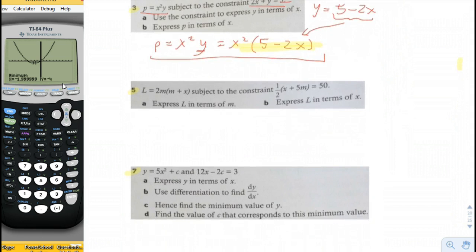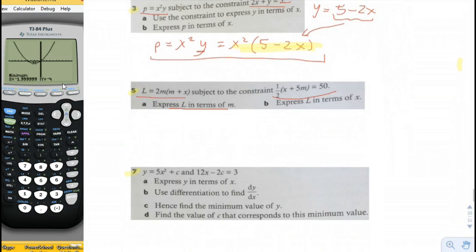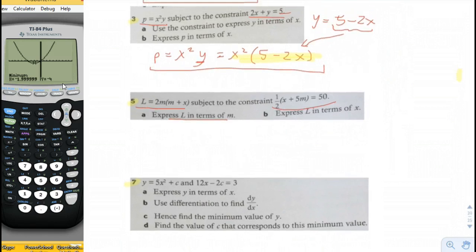Number 5. L equals 2m times m quantity x plus m, subject to the constraint, and that's kind of a messy one. Express L in terms of m. Okay, now they skipped something, because usually in the first 2 problems they told us that we were supposed to find y in terms of x, etc. So to get L in terms of only m's, look what we have here.